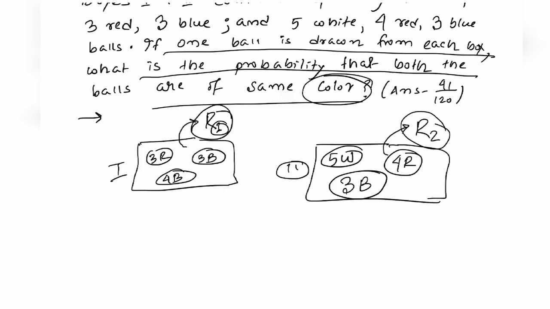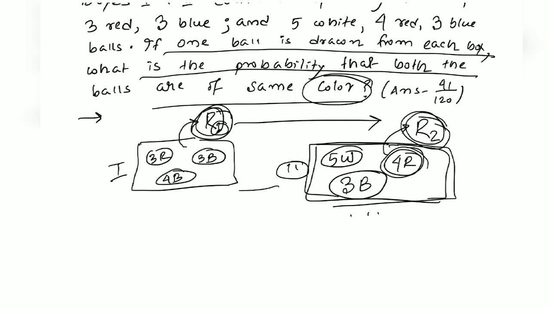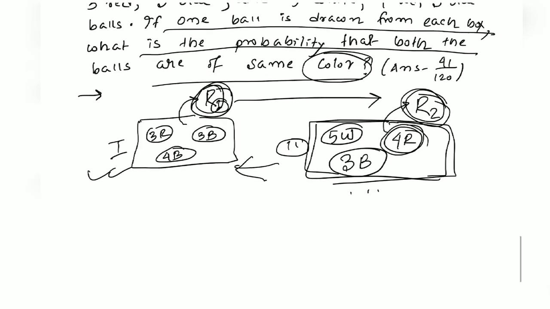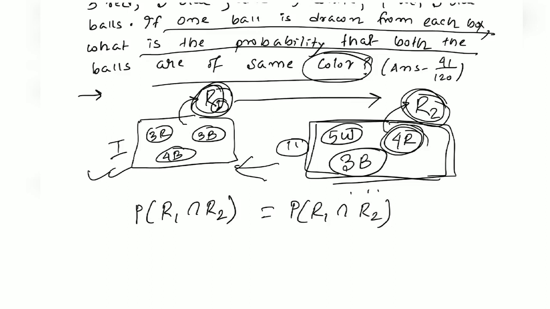Now remember, the occurrence of R1 does not influence the occurrence of R2, because the total number of red balls and the total number of balls in box 2 are independent of the effect of ball 1. So the occurrences of R1 and R2 simultaneously are independent, and we can write directly P of R1 intersection R2.